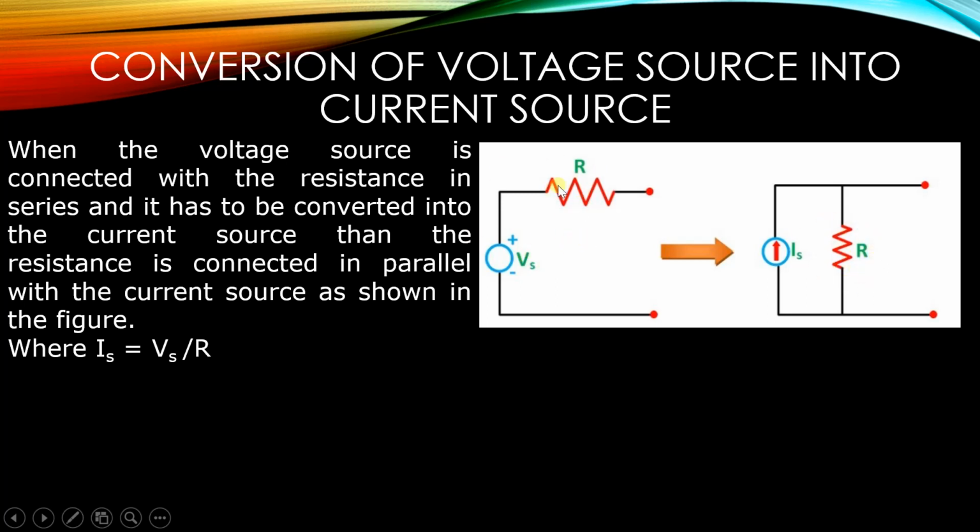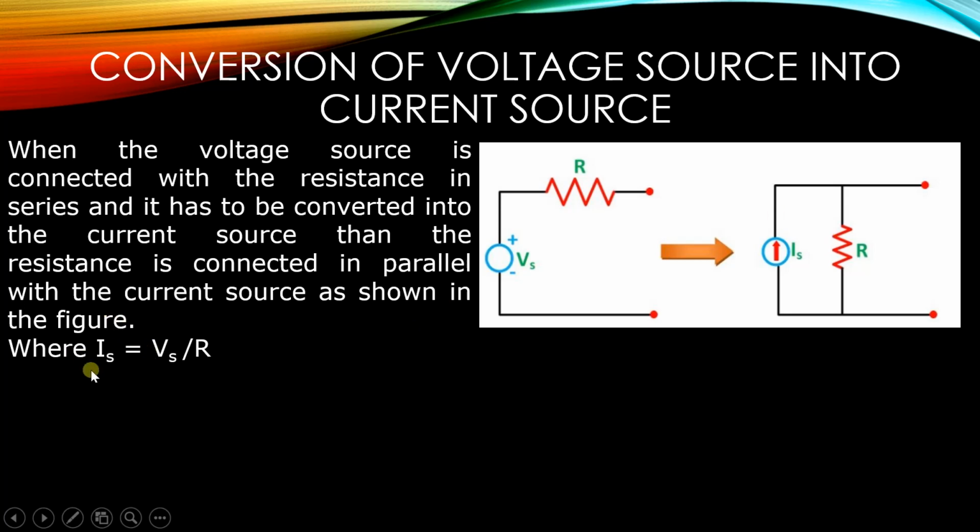From here we find out the current value, and this current value is the value of current source, and the resistance value is same in the both circuits, but here in voltage source it is in series, but here in the current source, it is in parallel.